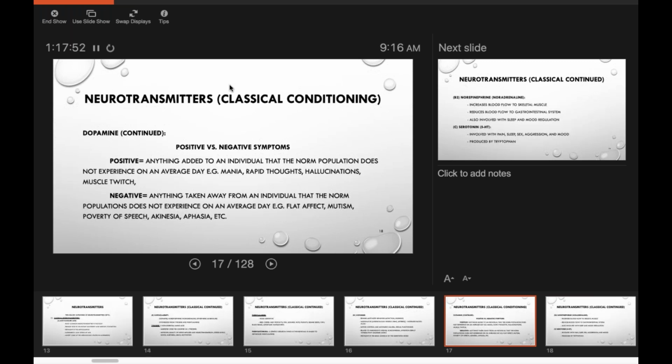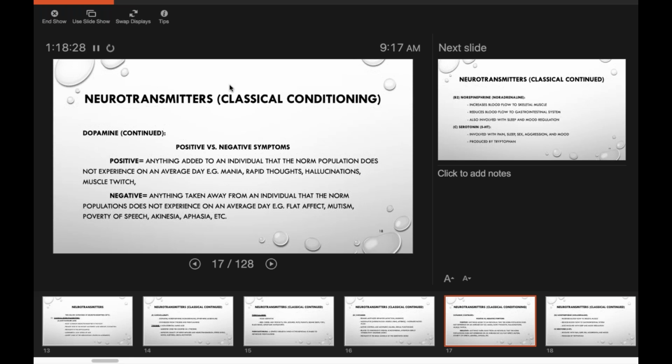For the purposes of talking about meds later, positive versus negative symptoms. What I mean when I talk about this is, think of your baseline level. You come in today, you're pretty alert, even though it's 8 o'clock in the morning, right? If I add something to your baseline, so I give you hallucinations, rapid speech, muscle twitches, that's a positive symptom because I'm adding something to your baseline.